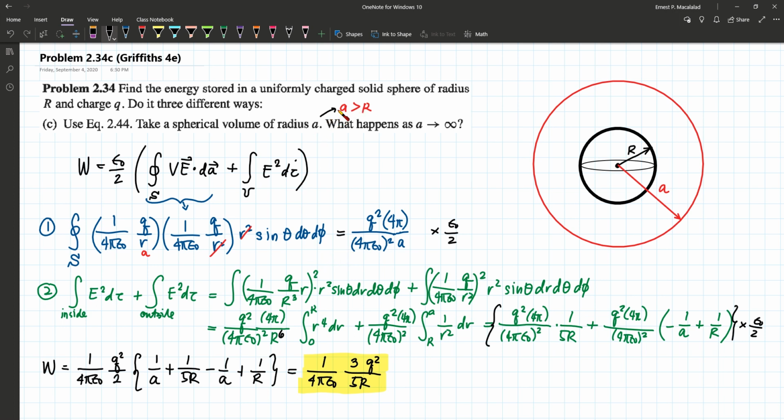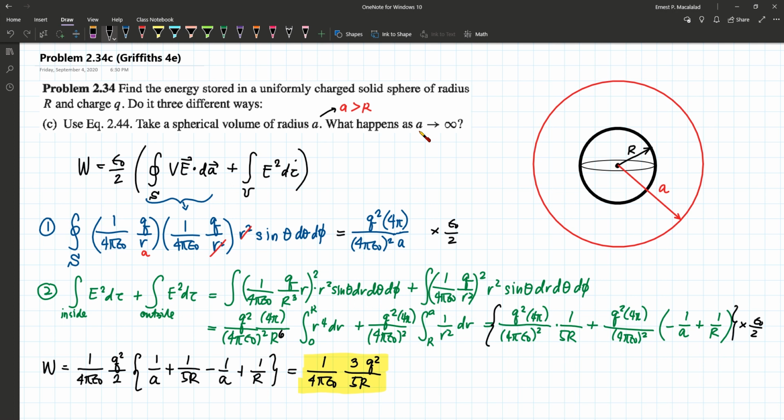As you will notice as well, the size of the volume where we integrated the surface and volume integral is arbitrary. Because this is actually related to our previous examples.